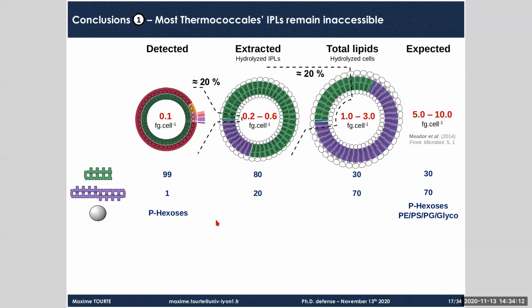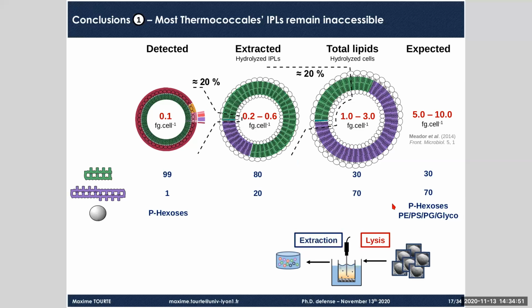We did the same thing to estimate the total lipid content of Thermococcus barophilus by hydrolyzing directly its cells. And again, we could reveal a much higher quantity of lipids. And this time, the ratio between diethers and tetraethers was actually reversed. So again, the difference between total lipids and extracted lipids informed us on what the limitations could be, how flawed our extraction procedure was. First, I suggest that some of the lipids of Thermococcus barophilus are just reluctant to the extraction that we used, so they are not soluble in the solvent that we used, for instance.